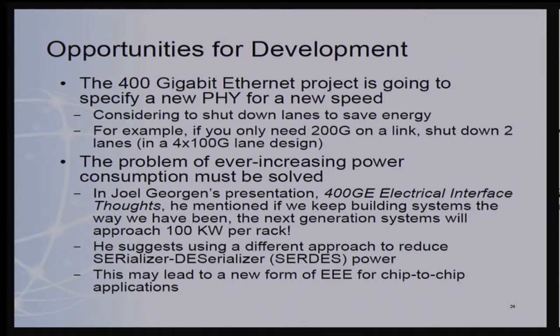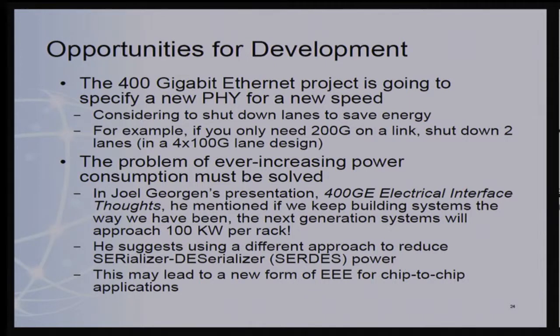But what I thought was interesting is he said that if they keep designing systems the way they have been, the next generation systems would approach 100 kilowatts a rack. And that's just not sustainable. We can't do that. I know that not too long ago when I worked for ESnet, we were facing the same problems at a lower order of magnitude, where we're looking at next generation systems and bumping up against power constraints.